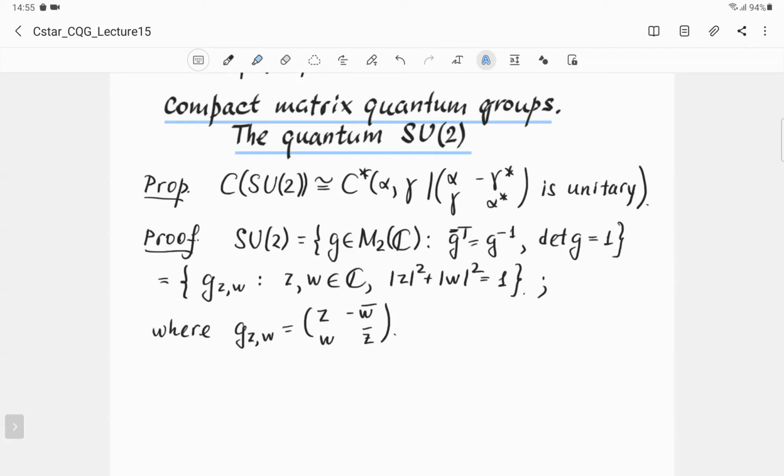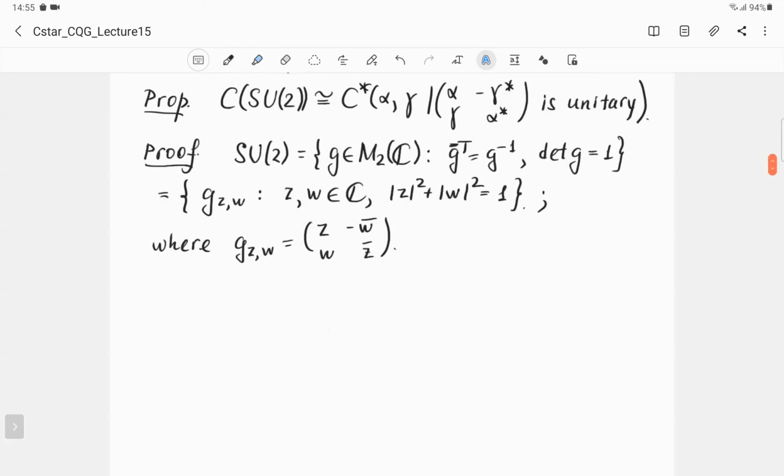That is, for any other unital C-star algebra A with two elements satisfying the same condition, there is a unique homomorphism from this algebra of continuous functions on SU2 to our C-star algebra A. So first we have to construct alpha and gamma.